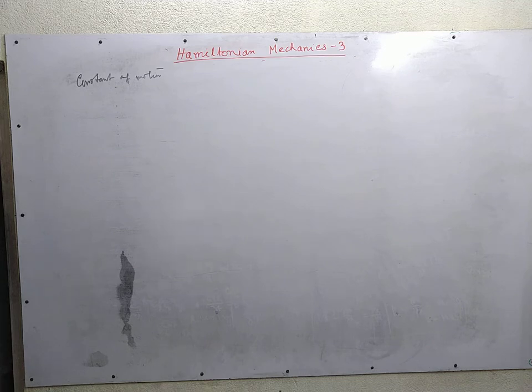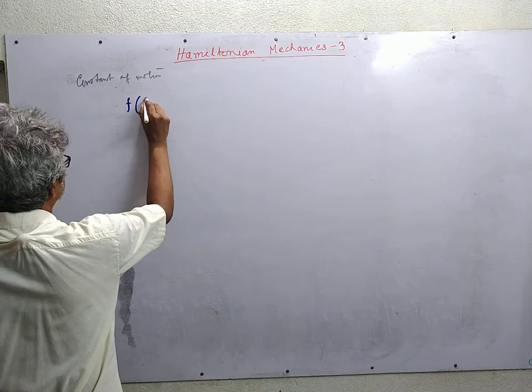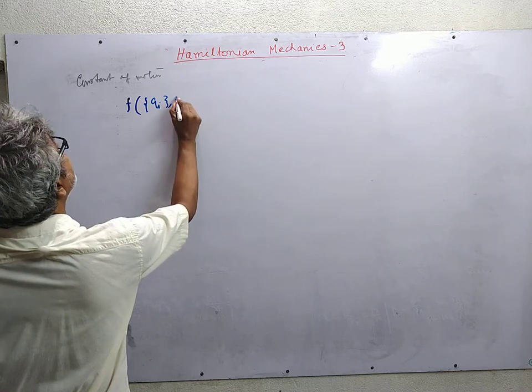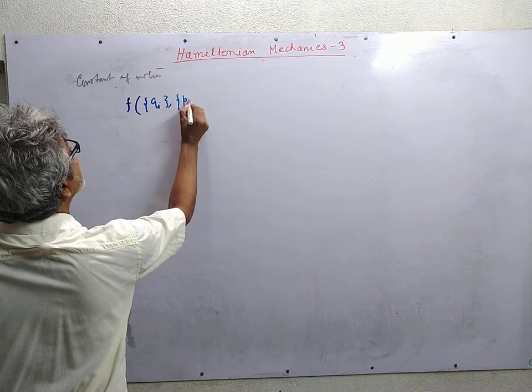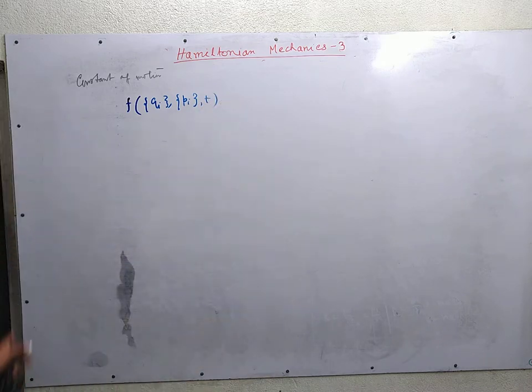In general, any quantity F which is related to the dynamical variables changes as the particle moves with different q's or p's or t's.